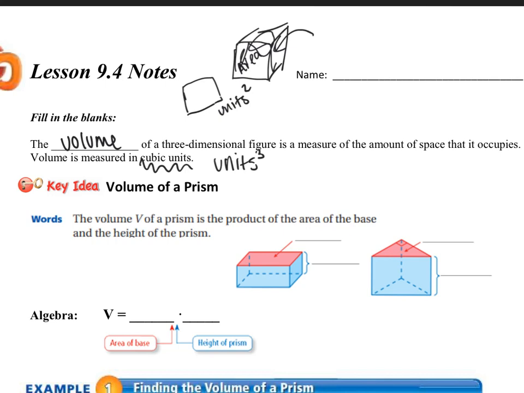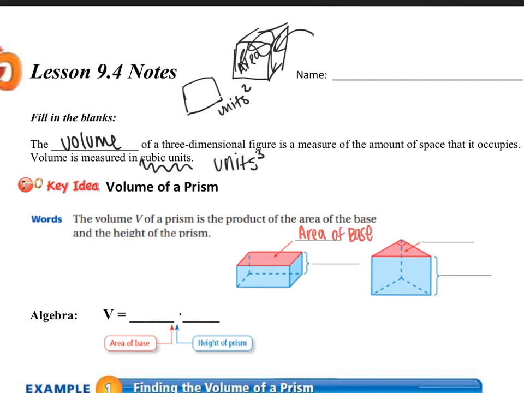In words, the volume of a prism is the product, so product means multiply, of the area of the base and the height. So it's good to know the difference between the base and everything else. This top one in red would be the area of the base.